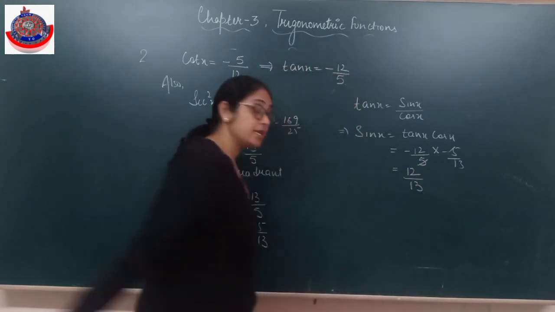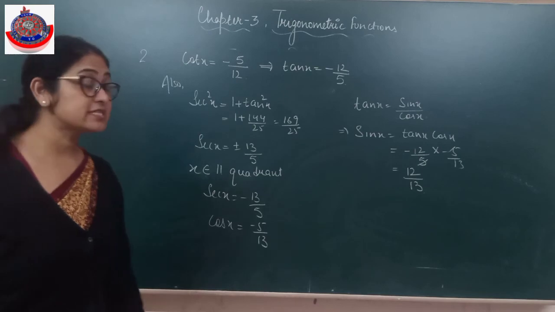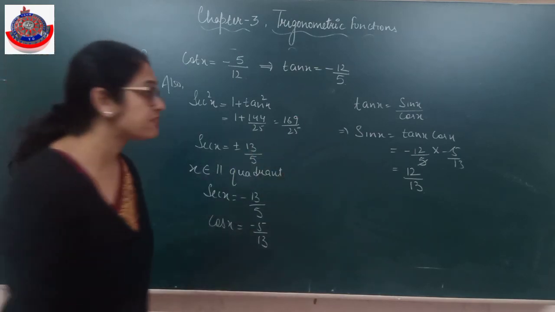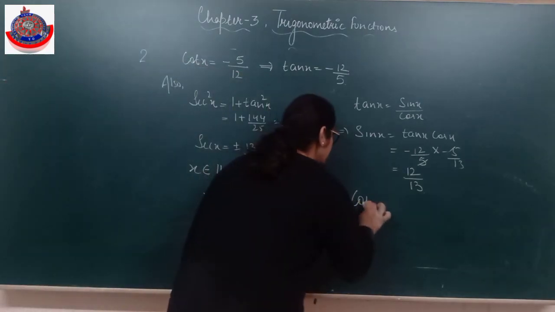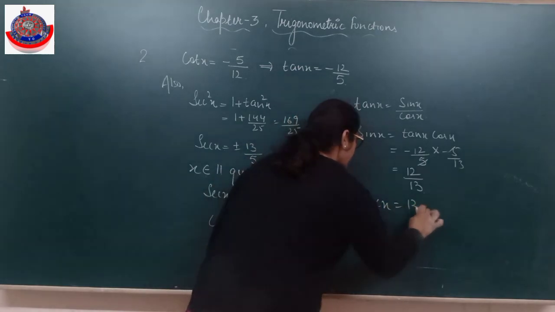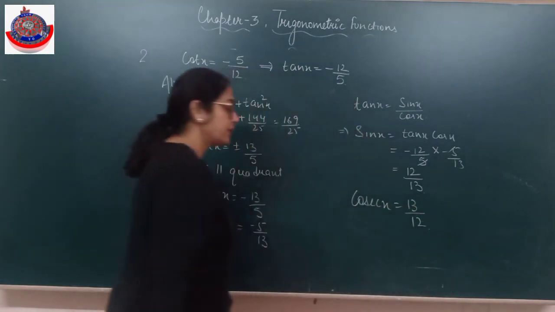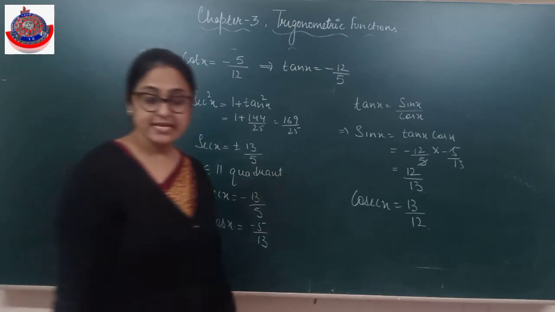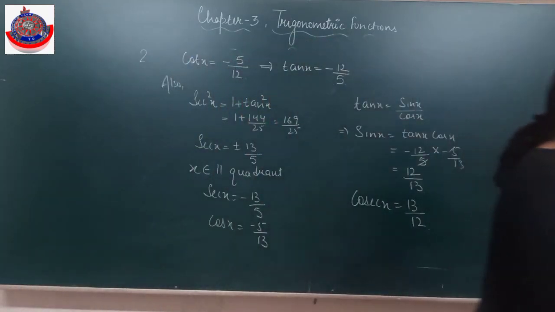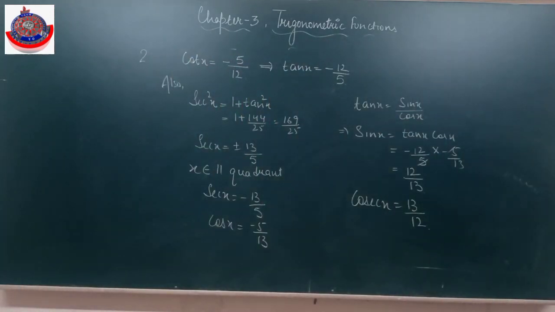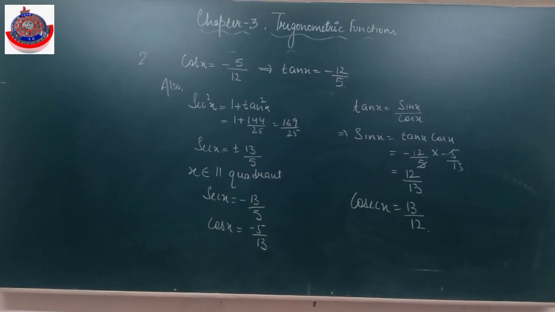By 13, and we know that in the second quadrant sine is always positive, and we got the positive value. If I got sine, what will be cosecant? 13 by 12. I hope it's clear to everyone. No doubt about it? Clear? So this is how we are going to find the values of other trigonometric functions.